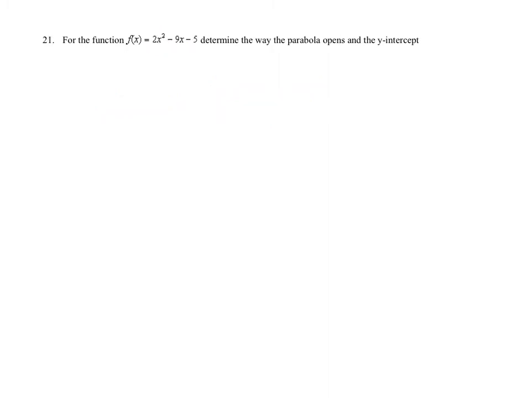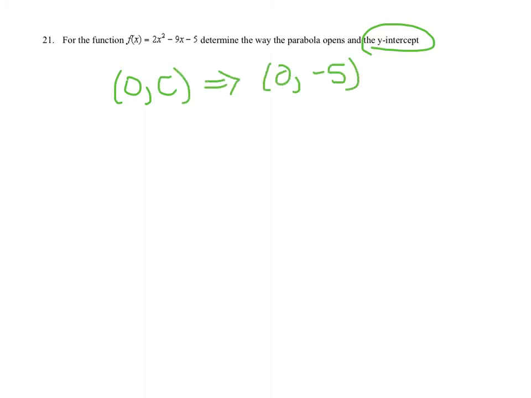For the function f of x equals 2x squared minus 9x minus 5, determine the way the parabola opens and the y-intercept. This is in standard form, so I know that the y-intercept is just going to be 0, c, and in this case, that's 0, -5, because there's my c right there. But just in case you forget that, remember, all you have to do to find the y-intercept is plug in a 0.